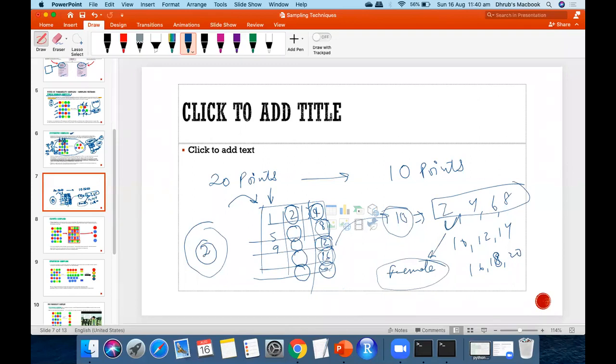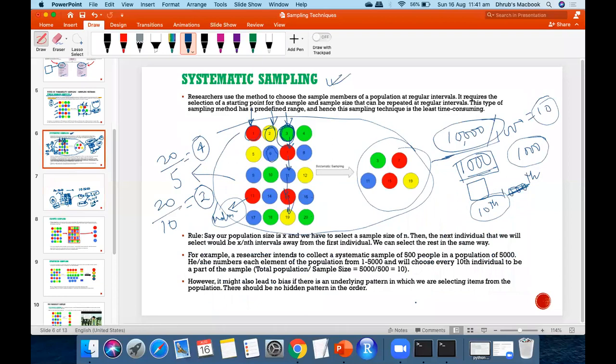Yeah, so you have just left out one particular community, that is male, right? So this representation is not good. That is the bias that I was talking about. Right, cool. Understood. So that was about systematic sampling. Clear?